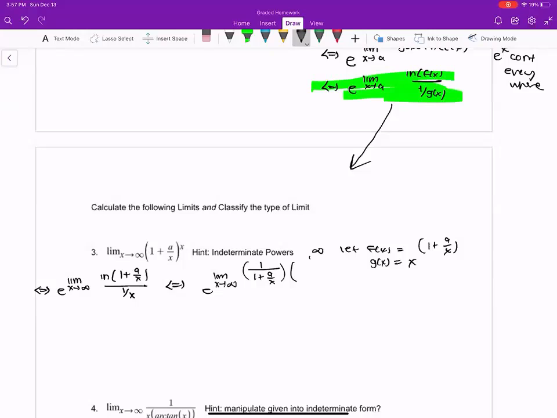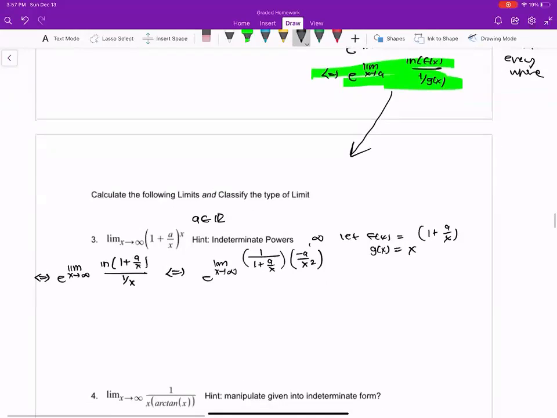Since it's a quotient, you would apply the quotient rule, and we're just skipping the steps. You get negative a over x squared, where a is a real number. And then you would also differentiate the bottom. The bottom is another quotient rule, so you get negative 1 over x squared.